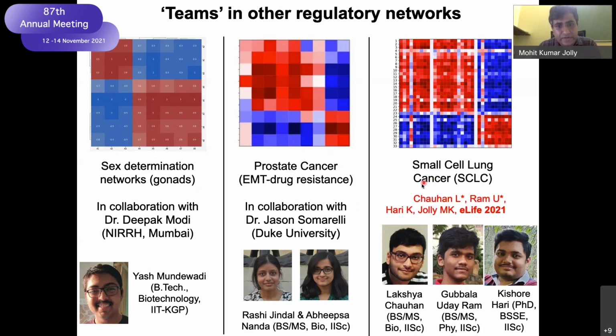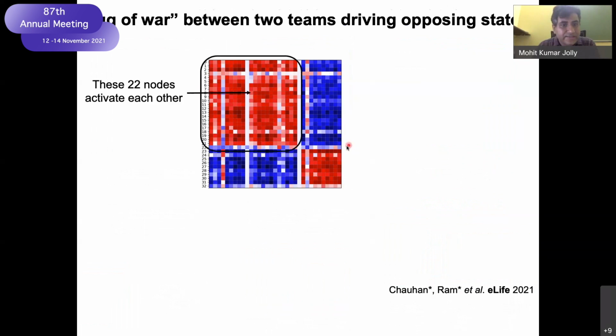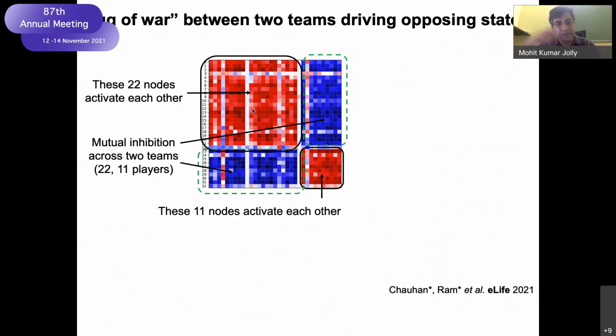And another study I'll briefly touch upon is yet another highly aggressive cancer with only 7% 5-year survival rate, small cell lung cancer. Now, where also you can see that there are these 22 nodes of molecules in one team, 11 nodes in the other team, and these 11 inhibit those 22 and those 22 inhibit these 11.